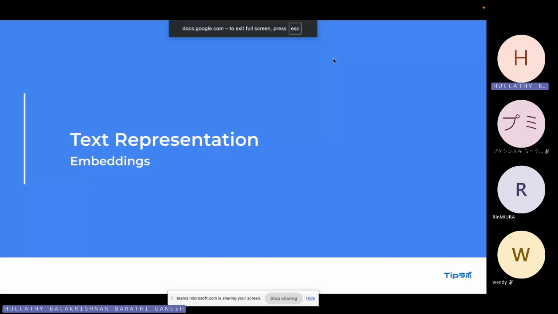So, the first thing is why we need text representation and why we are doing word embeddings. Unlike unstructured data such as speech or images, text is symbolic in nature. If you take an image, the pixel numbers themselves convey the context of the image.